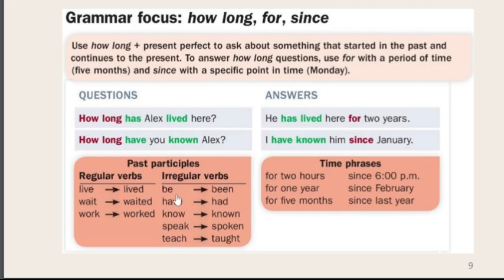And now we have the irregular verbs. We'll start with be. Be, been. Have, had. Know, known. Speak, spoken. Teach, taught. Time phrases.